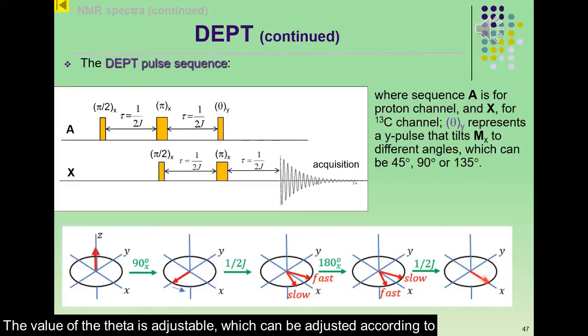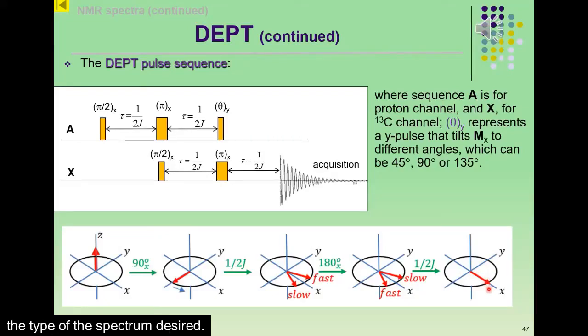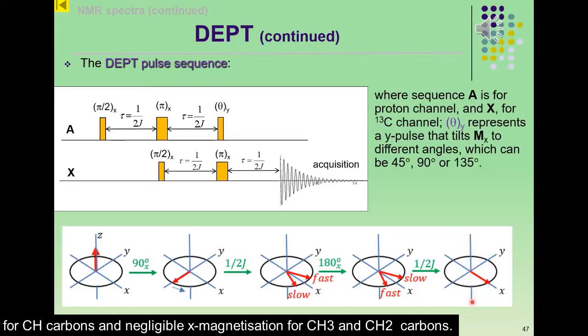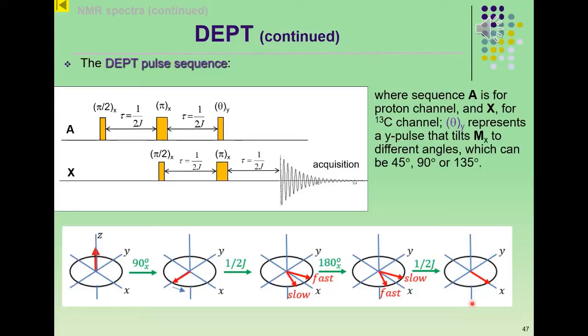The value of theta is adjustable, which can be adjusted according to the type of the spectrum desired. For example, if we wish to record only CH carbons, then the value of theta is kept at 90 degrees, so that there is a maximum polarization for CH carbons and negligible X-magnetization for CH3 and CH2 carbons.